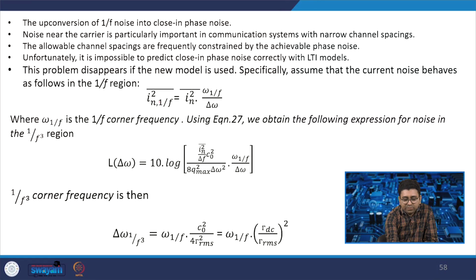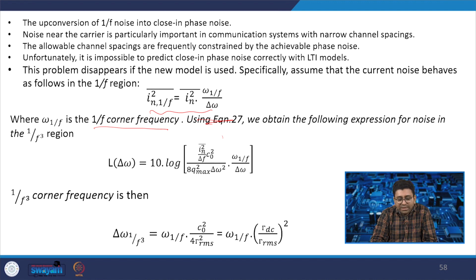So, in the 1 by f region we can write in square 1 by f is equal to in square times omega 1 by f by delta omega, and if we put this in that equation, where omega 1 by f is the 1 by f corner frequency, we obtain the following expression for the noise in the 1 by f cube region.